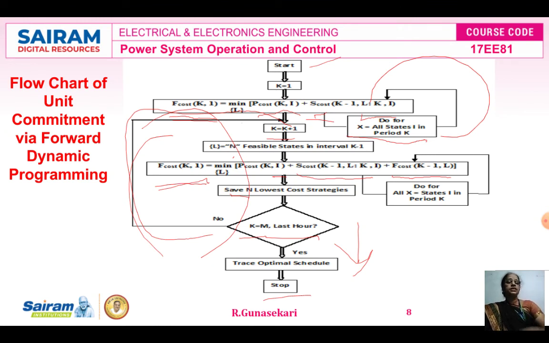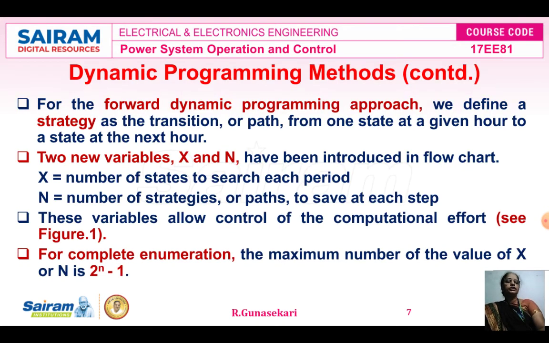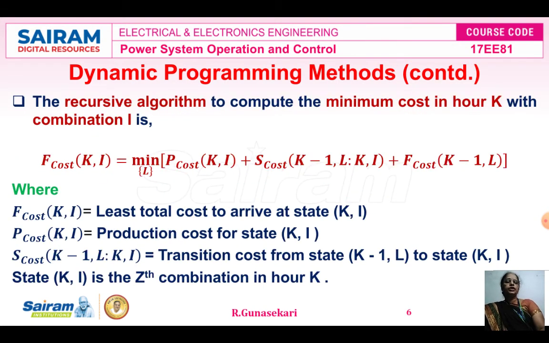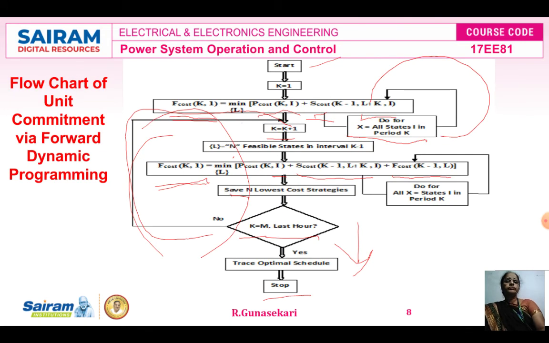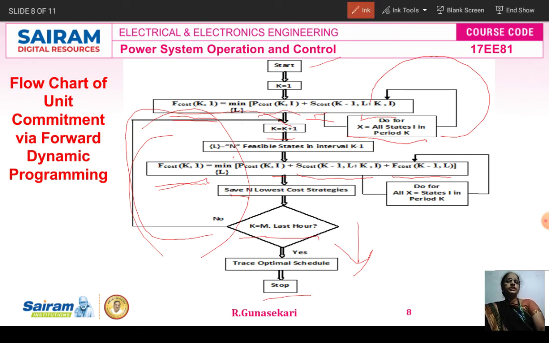So you search the x states, then execute this step, then k equals k plus 1 step, then the feasible states in interval k minus 1 are saved. Then you can add the fuel cost. In the fuel cost, again check all x equal to states I in period k.